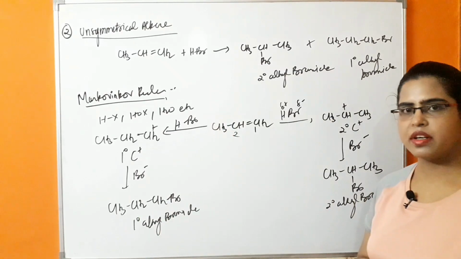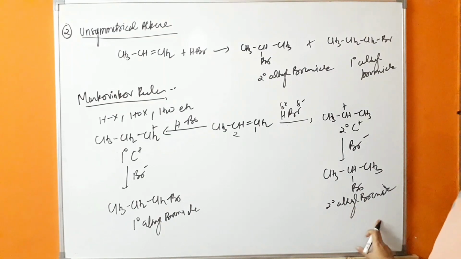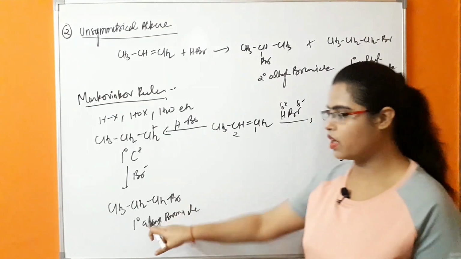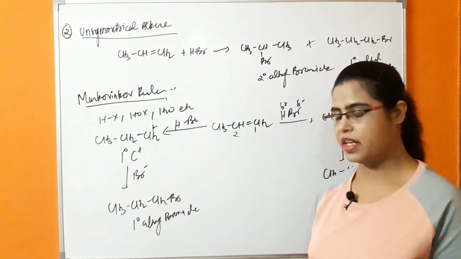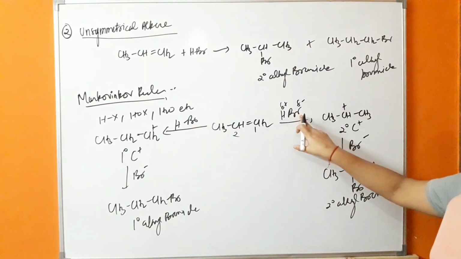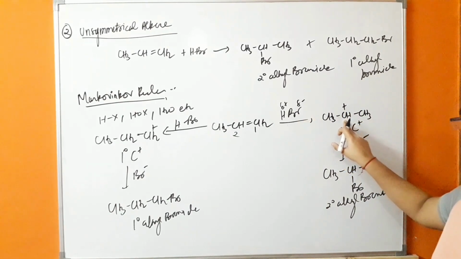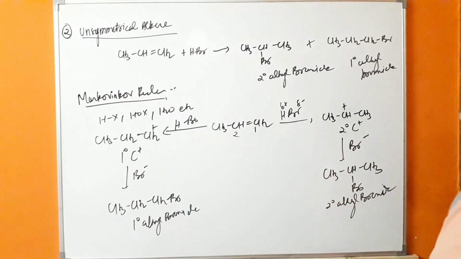On the basis of carbocation stability, the major product will be the 2 degree alkyl bromide, not the 1 degree alkyl bromide. So according to the Markovnikov rule, Br minus attacks the carbon having less hydrogen, and the stability of this 2 degree alkyl halide is greater.